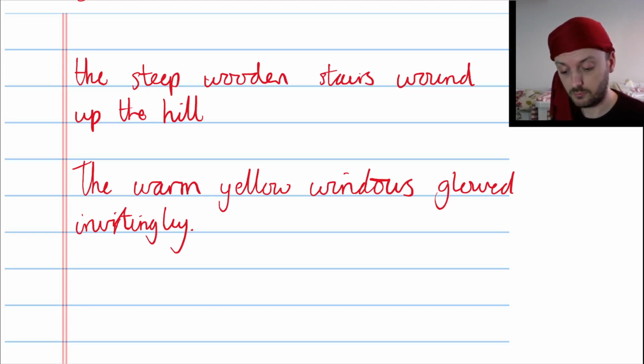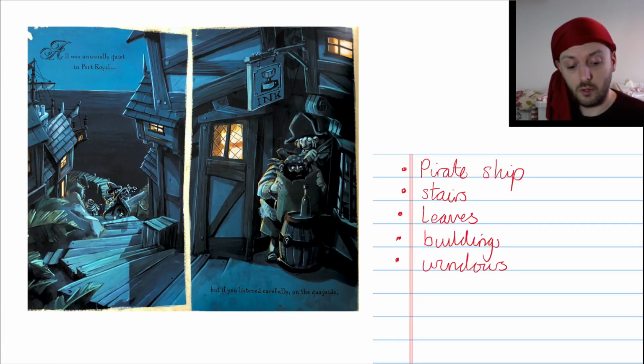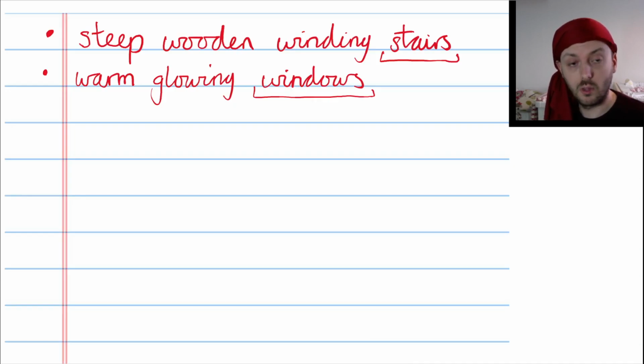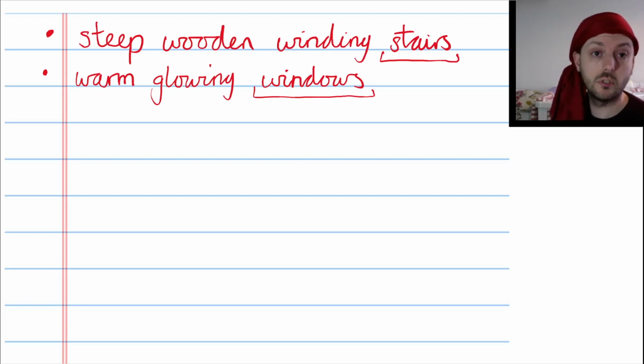So part 1, look at the pictures, list all the things you can see in the picture. Do the same for the second picture. Part 2, take 5 of those and expand the noun phrases. So add some adjectives to those nouns.